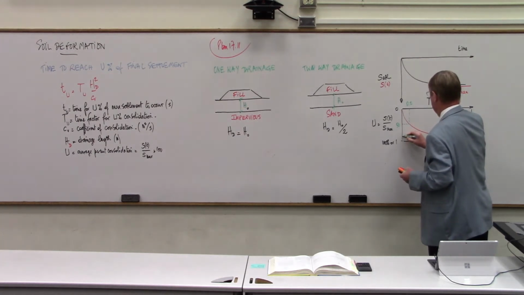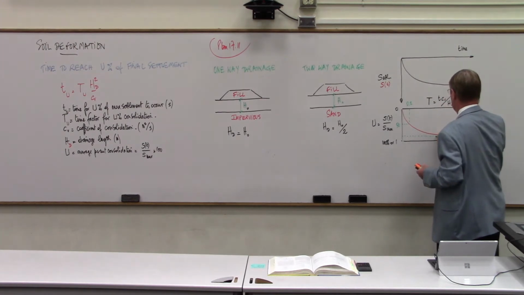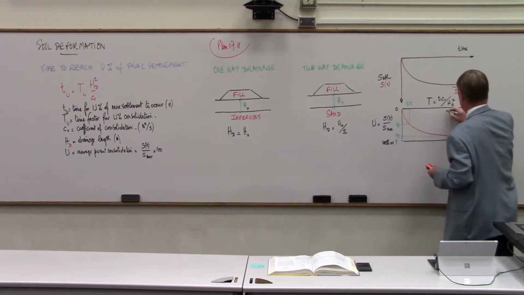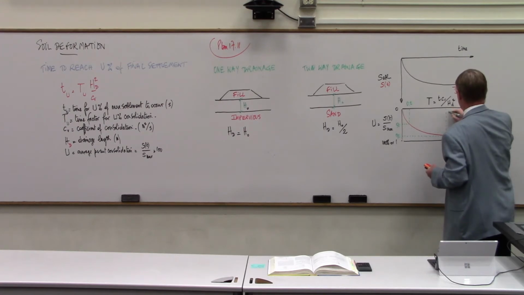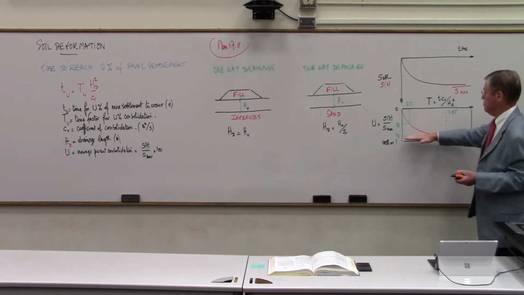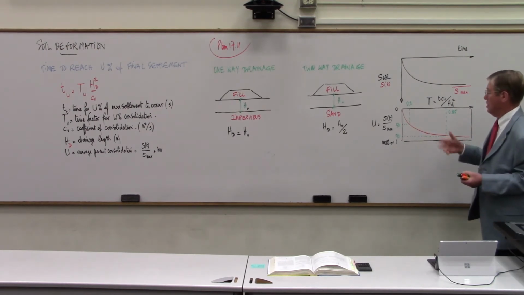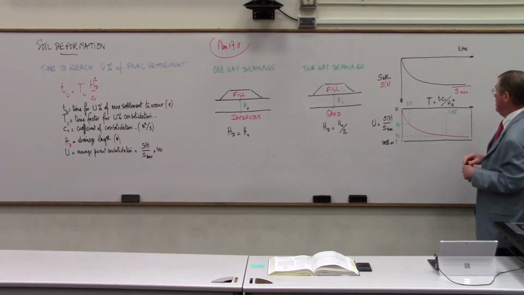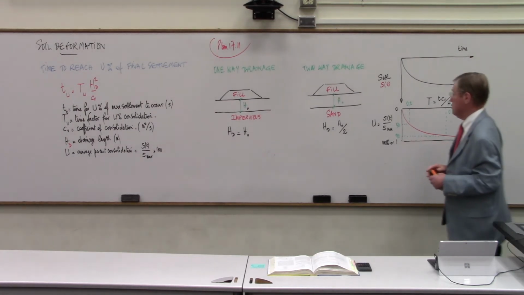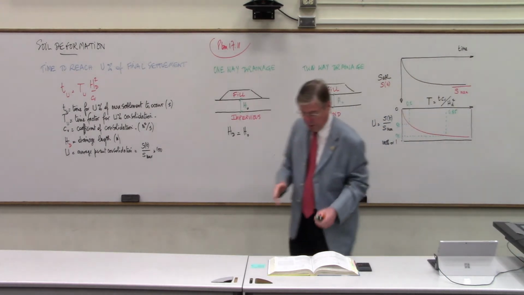Another very common number that we use is 90% or 0.9, and then that number is 0.85. So very often in the problems we try to calculate the time that will be required for 90% of the consolidation or of the settlement to take place.